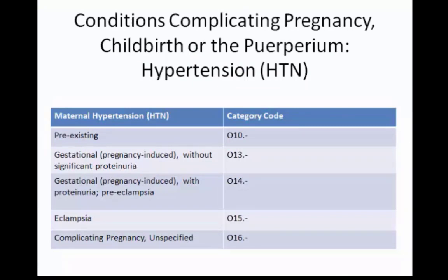You notice that depending on how the maternal hypertension is described, there's a different category code. Pre-existing, O10; gestational without proteinuria, O13; gestational with proteinuria or preeclampsia, O14; eclampsia, O15; and maternal hypertension complicating pregnancy but unspecified, O16.